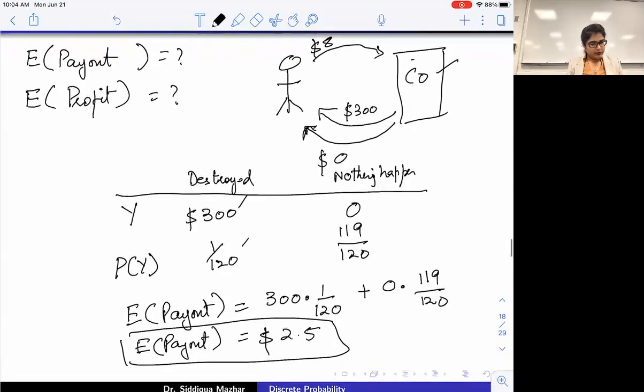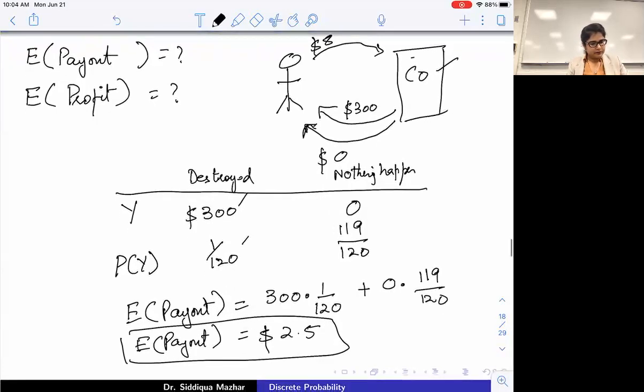So on average, the company is paying $2.50 for every farmer. So if you have to find the profit, how much profit they are going to get, you can also make the probability distribution table, but we know how much premium they are going to pay.